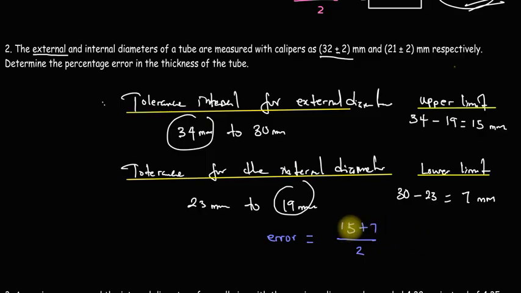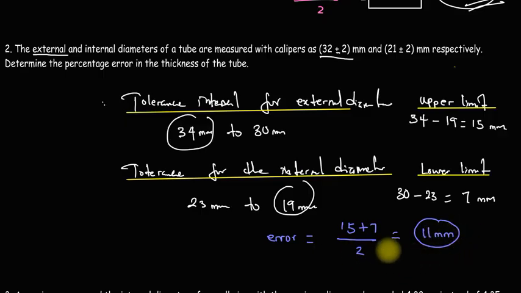So 15 plus 7 is 22. So 22 divided by 2 is 11 millimeters.